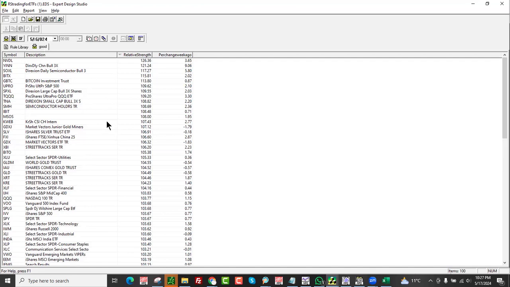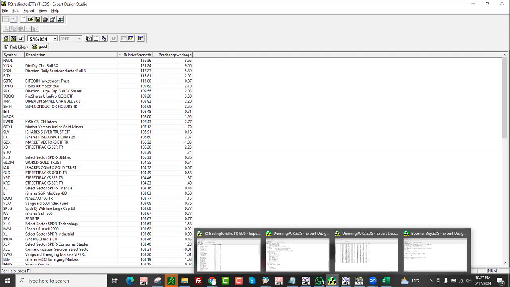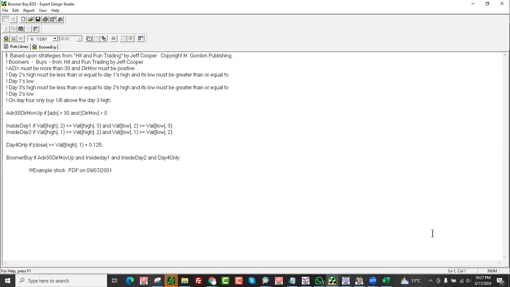So let's see. We are moving into more of Expert Design Studio. There are a couple of strategies out there that we've tried and looked at recently that have been working for stocks. And there are a couple of strategies from a long time ago that I still like a lot, and I still use on occasion. One of those is from Jeff Cooper's Hit and Run Trading.